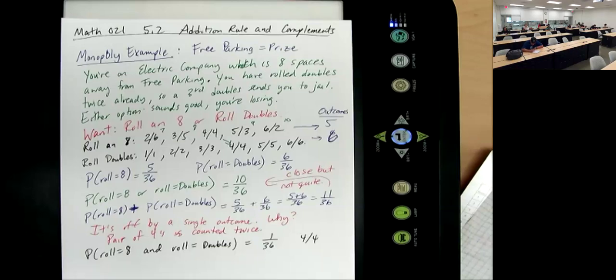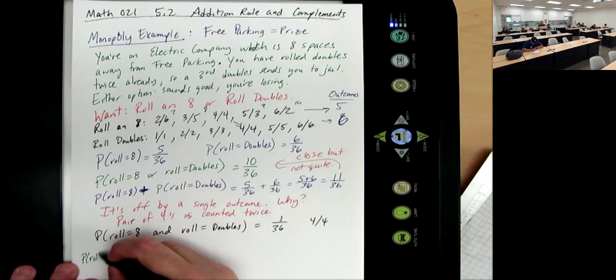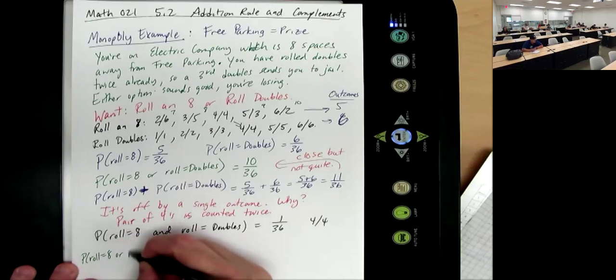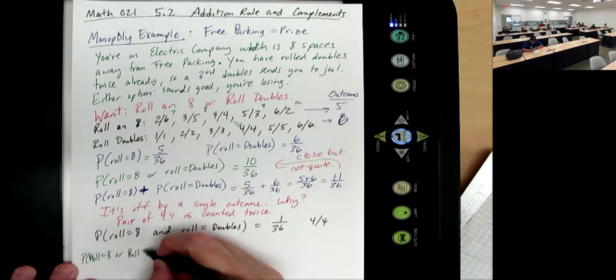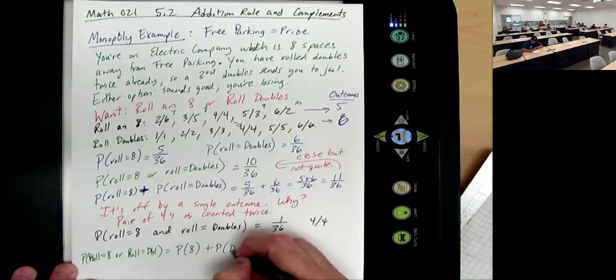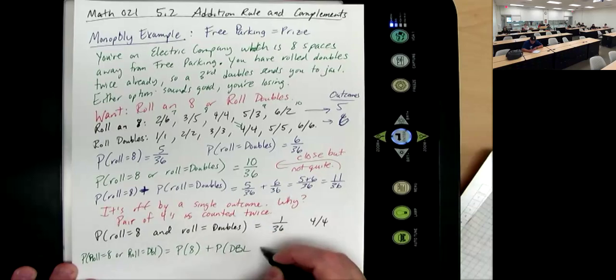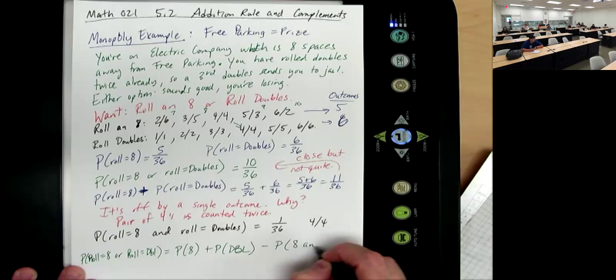So it looks like we could have gotten the probability that the roll equals 8 or roll equals doubles if we added the probability of the 8 with the probability of the double, and subtracted the probability of the 8 and double.